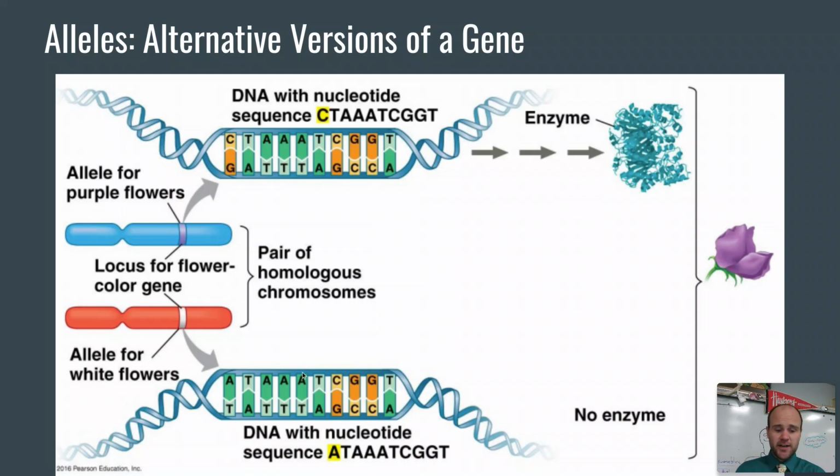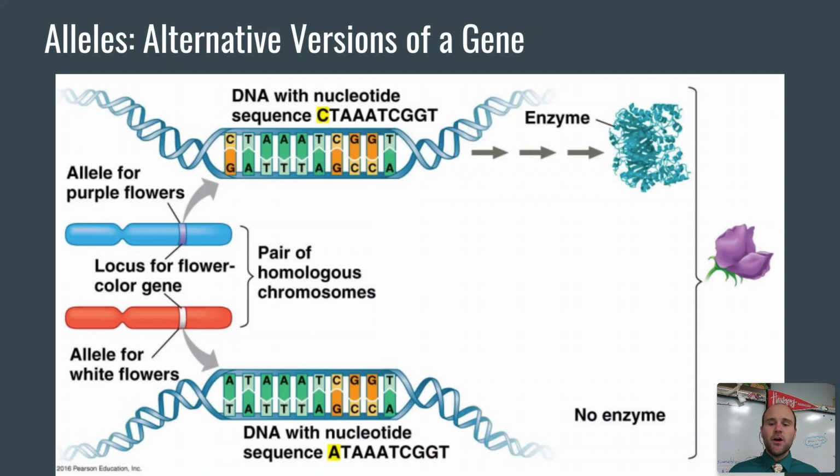If there's a mutation that causes that protein to be made poorly, it doesn't quite come together, it's non-functional, or perhaps there's a mutation that causes it to not be made at all, that enzyme isn't going to exist, or it's not going to function properly, and it's not going to convert that pigment to purple. So that's why we can see that there's a dominant and recessive allele.